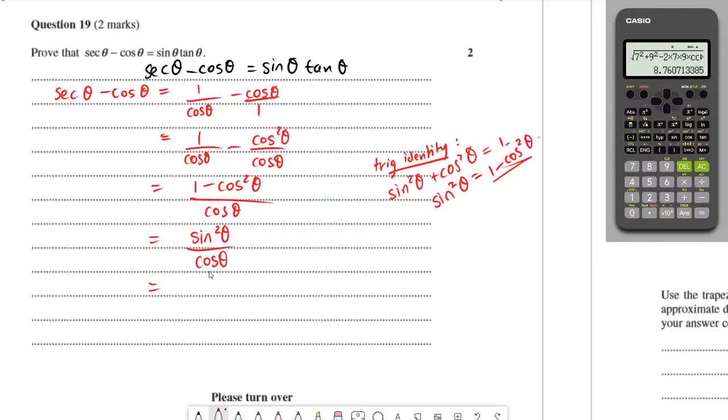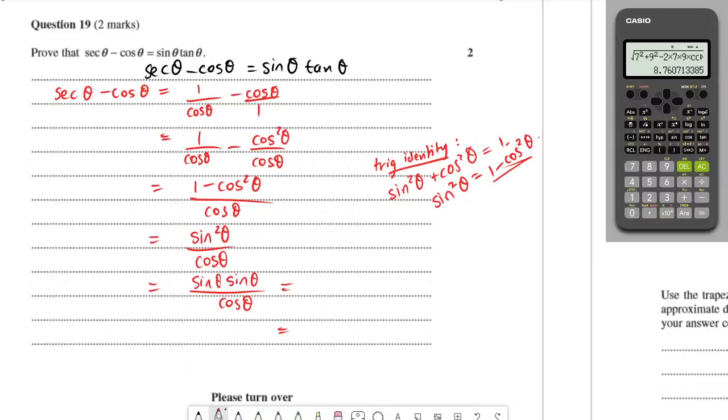But what we can do now is treat this as sine theta times sine theta over cos theta, which is the same as sine theta over cos theta times sine theta, or other way around. In fact, I might do it like that so I don't confuse anyone.